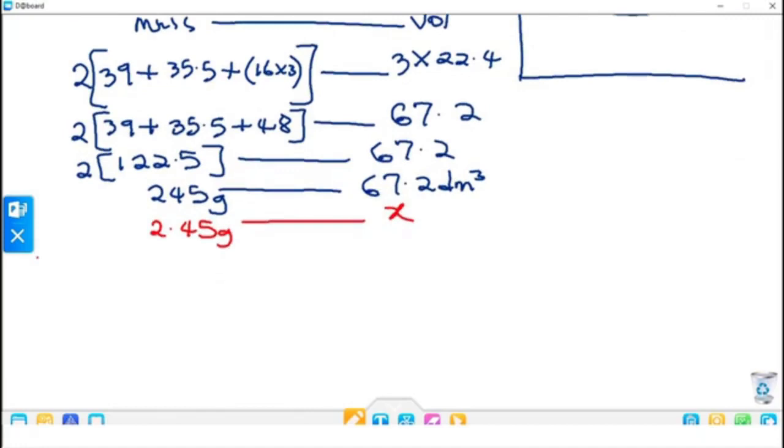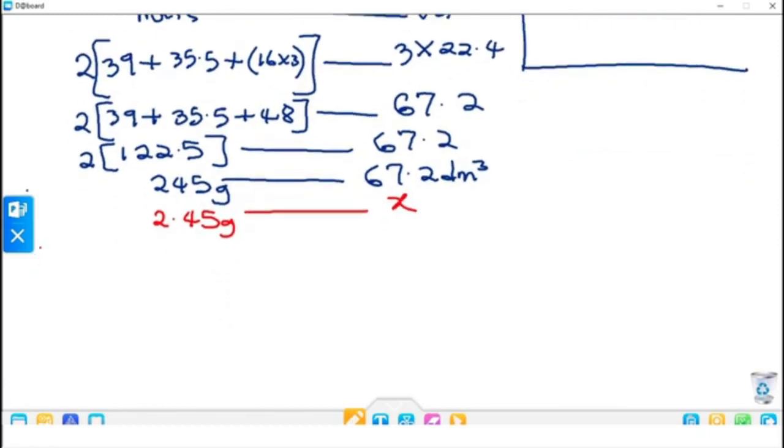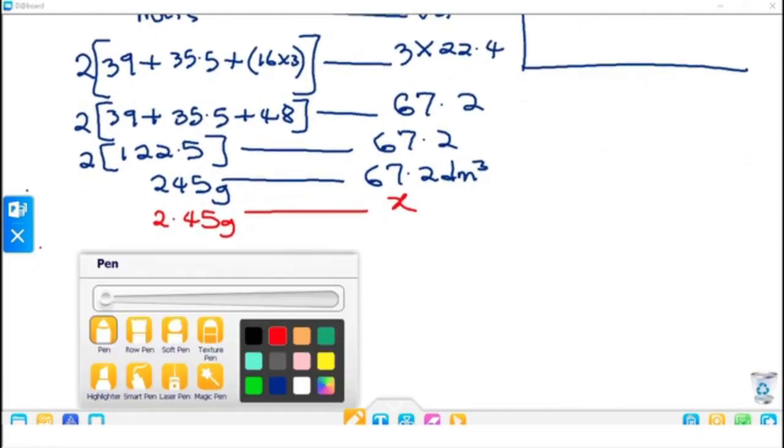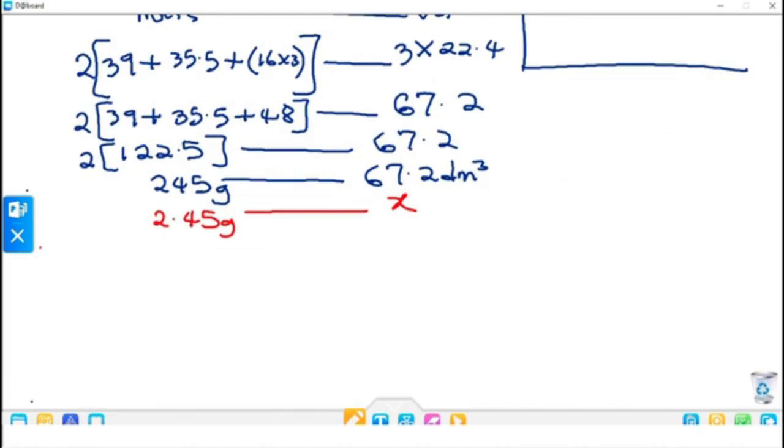Now, we are simply going to go cross-multiplying. We're going to have 245 grams times x. So we have 245 times x equal to 67.2 times 2.45.